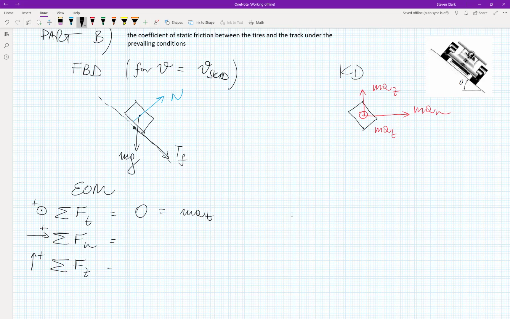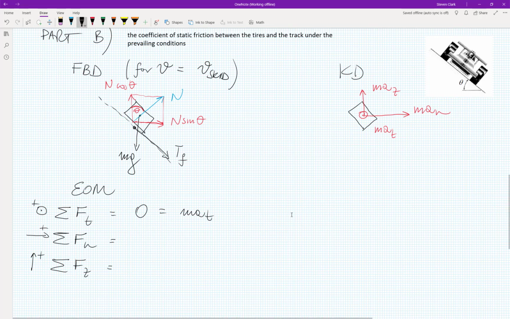How about the n direction? Okay, projections again. I think I remember correctly that it was N sine theta, and that was N cosine theta, because theta was here.